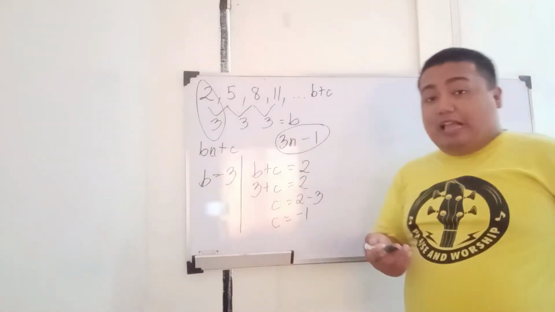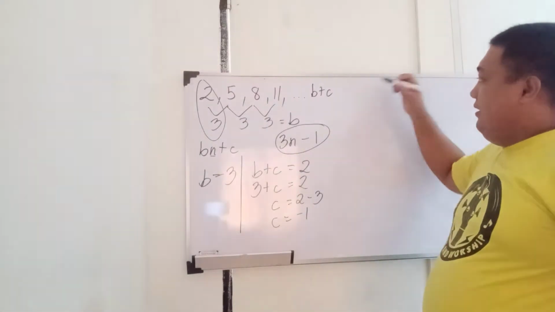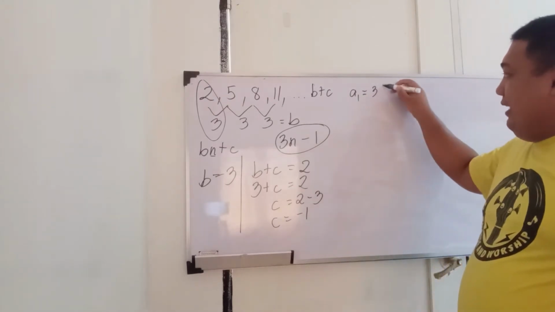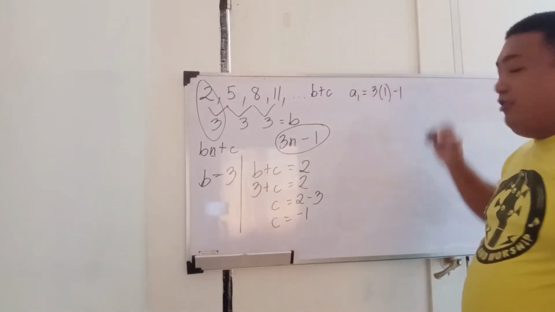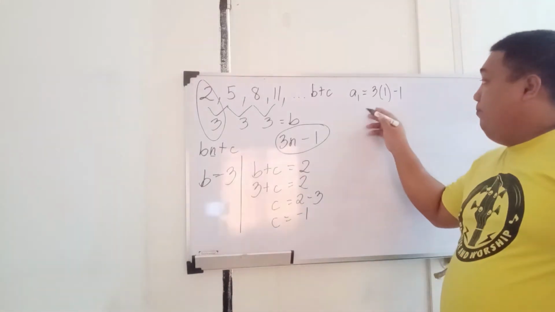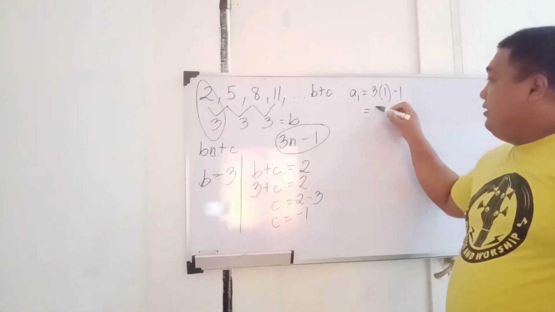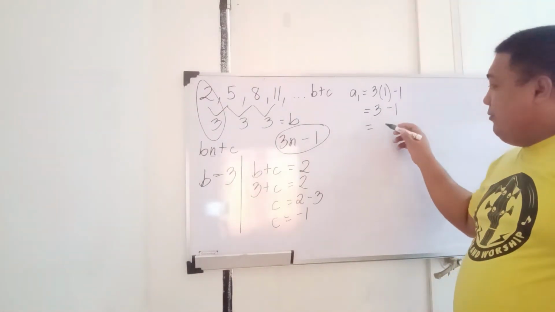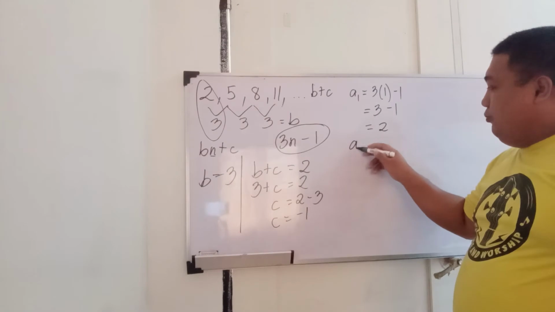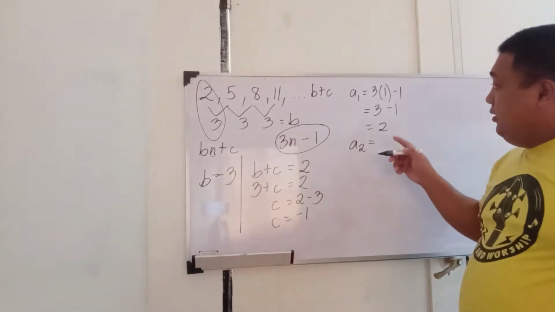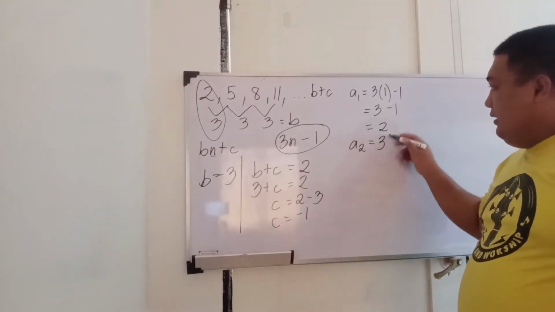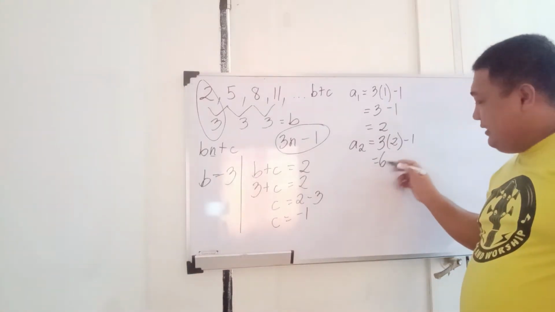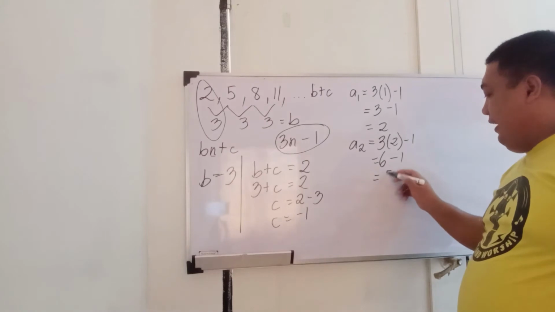So, let's check if our answer is correct. a sub 1 equals 3 times 1 minus 1, like what we did in my last vlog. So, 3 times 1 is 3, minus 1, that is equal to 2. Next, a sub 2. So, 3 times 2 minus 1. 3 times 2, that is 6, minus 1, 5.